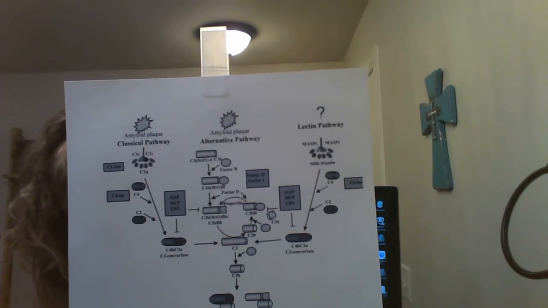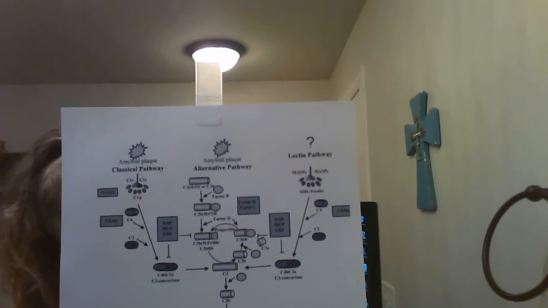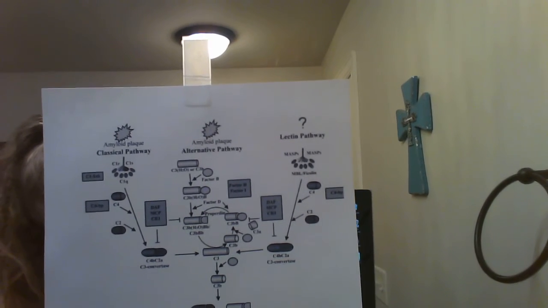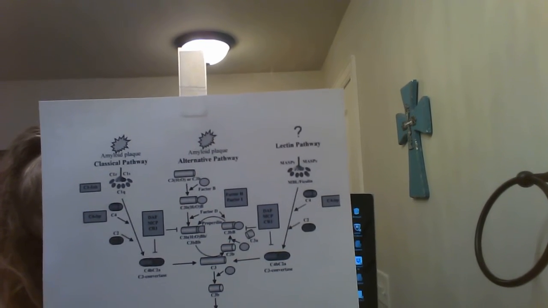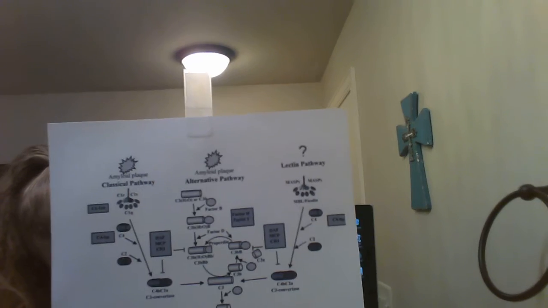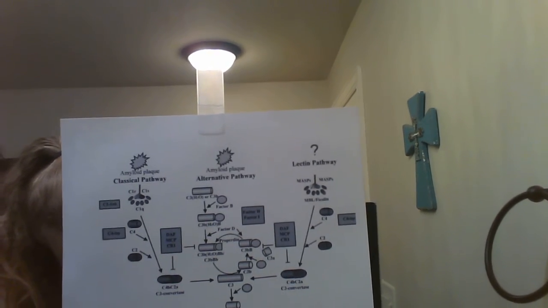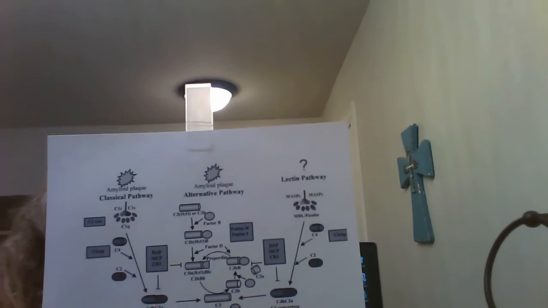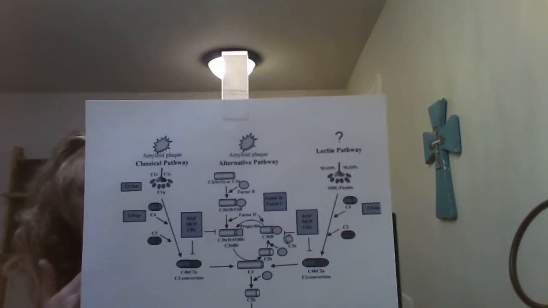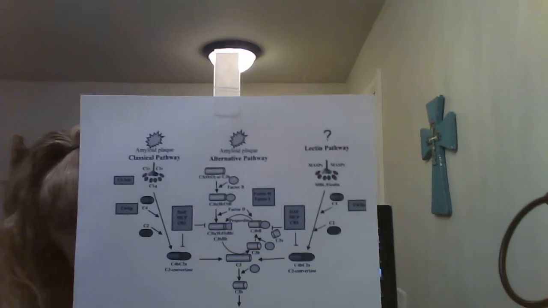When that's cleaved, it's going to produce C5b, which is a binding site for C6. And by sequential association of terminal components such as C6, C7, C8, and C9, all seen down here, it's going to eventually form the membrane attack complex.